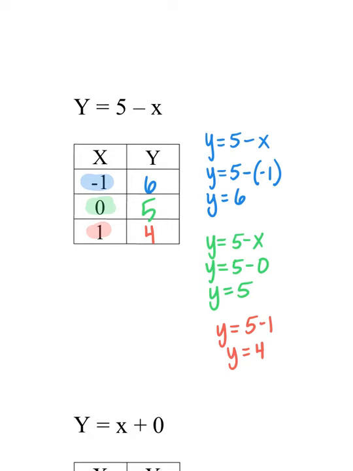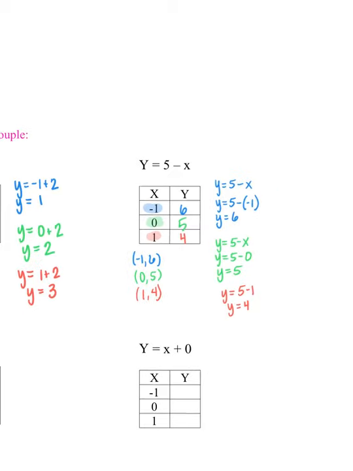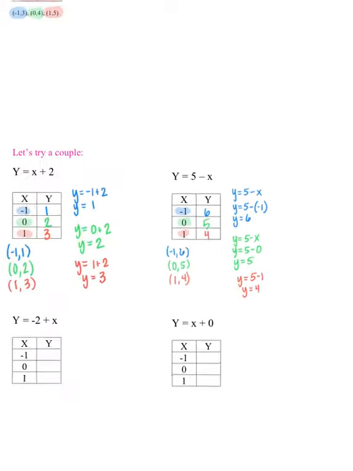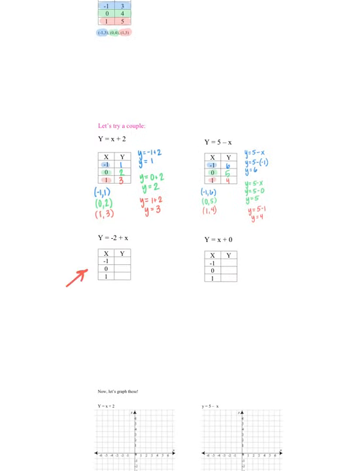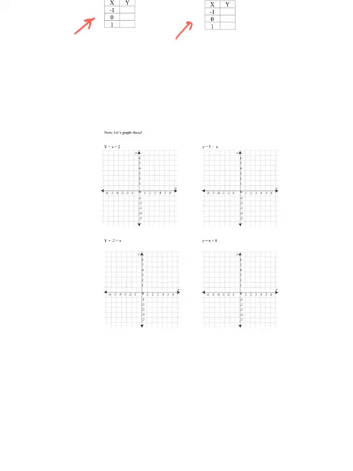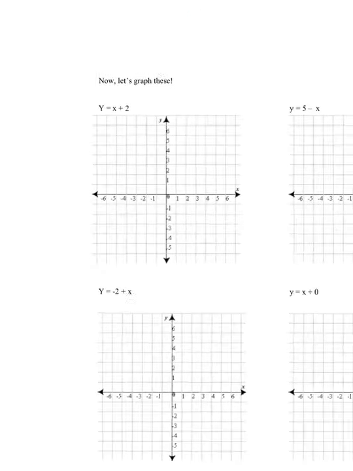So again, I can write my coordinates: -1, 6; 0, 5; and 1, 4. Okay, so I'm going to let you guys do these two on your own. I'm going to skip ahead and let's graph these.